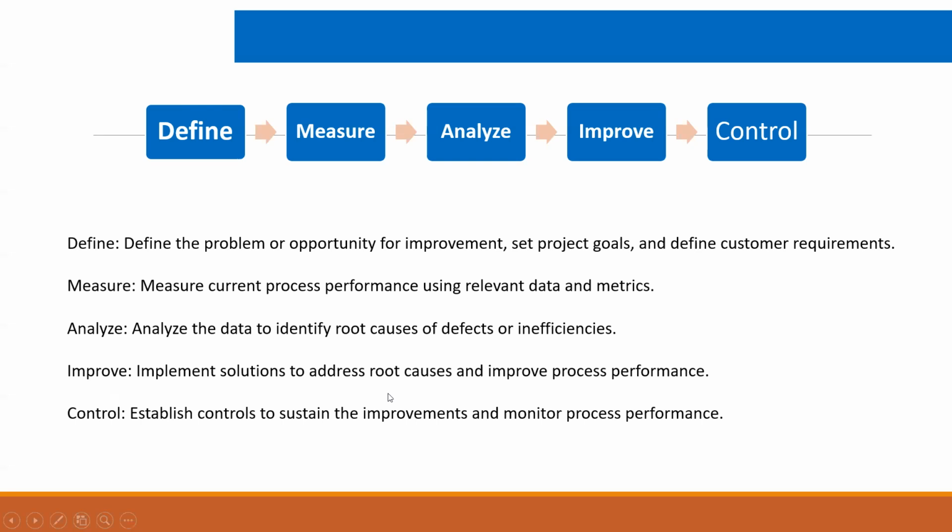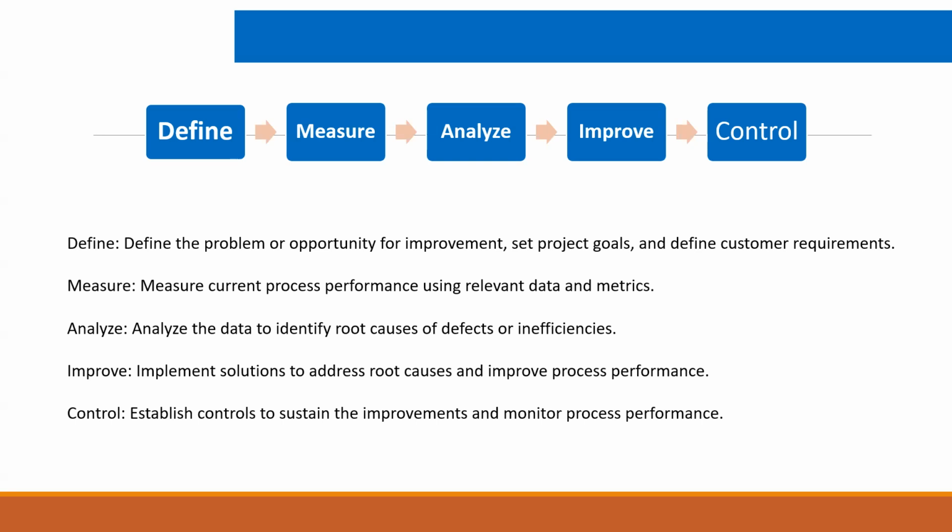Improvements: implement the solutions to address root causes and improve process performance, right? So now for improvements, we are implementing the solution: these are the problems we have found, these are the errors we have found, right?